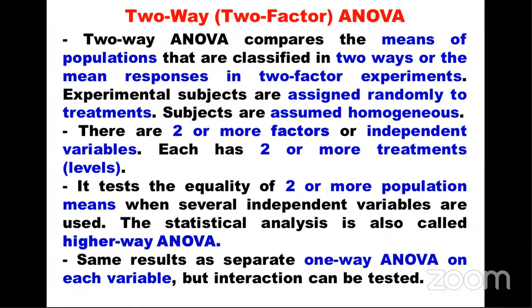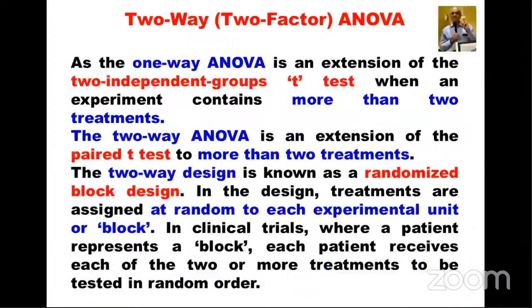There may be equality or inequality. So ANOVA tests the equality of two or more population means with several independent variables which are used. And if we use a t-test for two-factor ANOVA, the result will be the same. The output will be the same, only the method is slightly different.